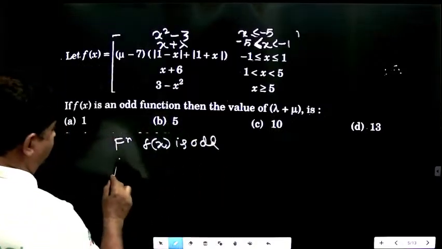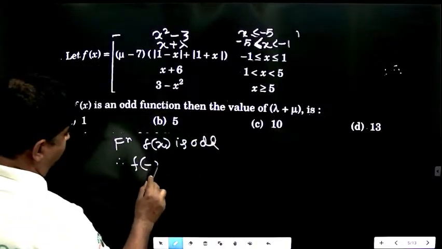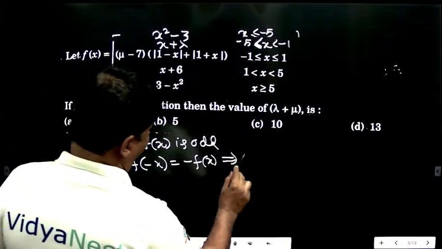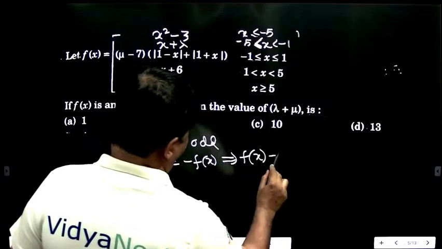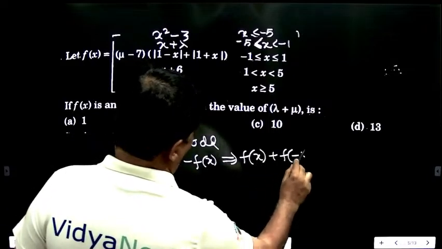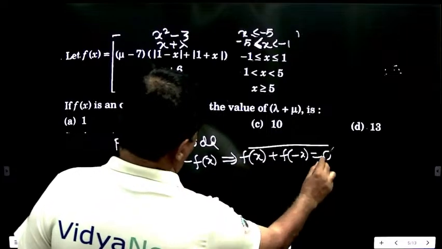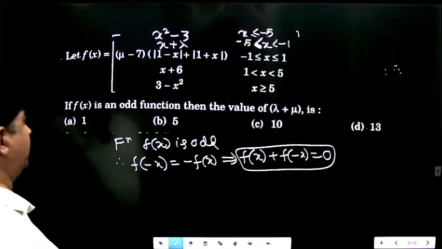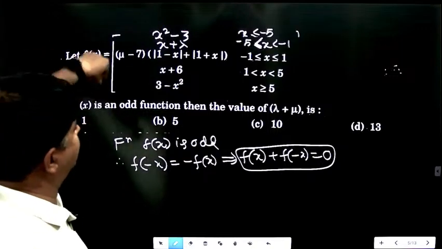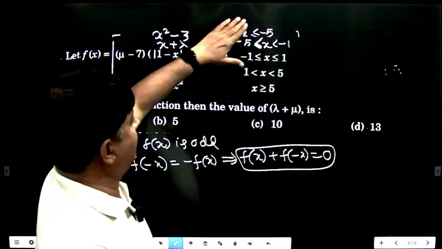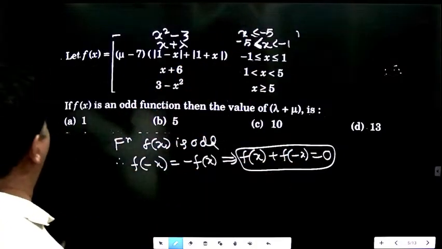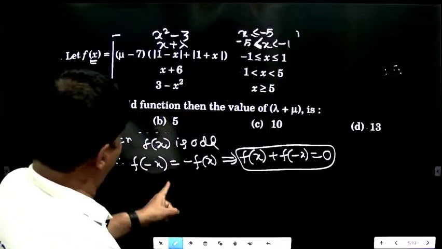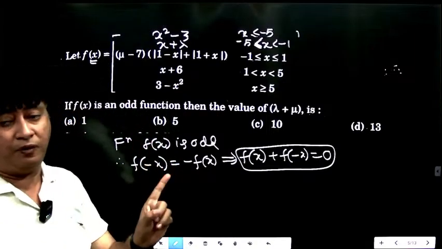What is meant by this? f(-x) equals minus f(x), which implies f(x) plus f(-x) is equal to 0. So that is the criterion of an odd function. And here the function is designed in this manner through these intervals. Now first our role is what? I will replace x by minus x according to the demand of the odd function.